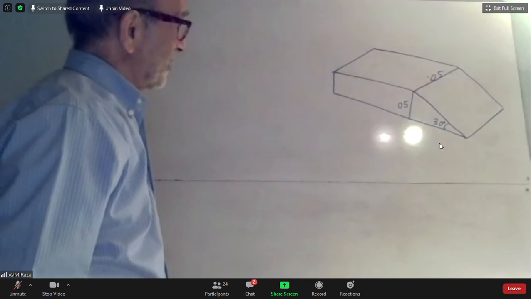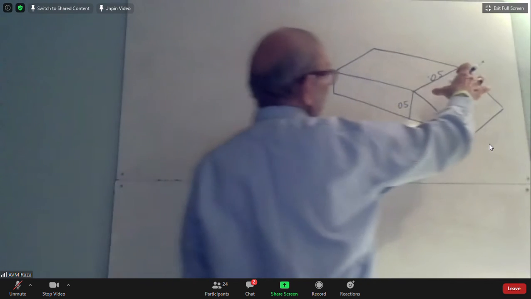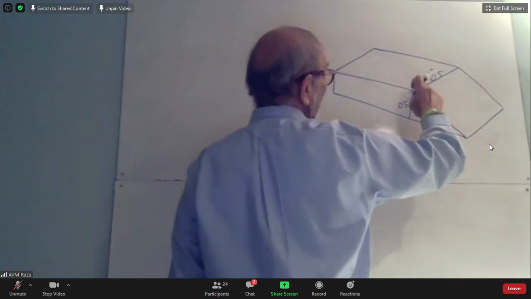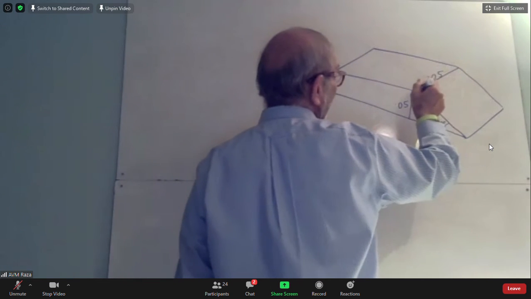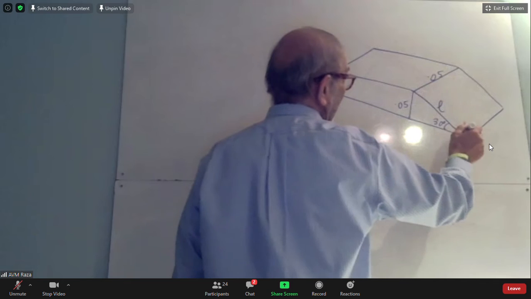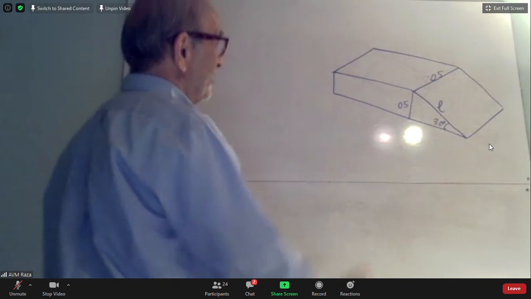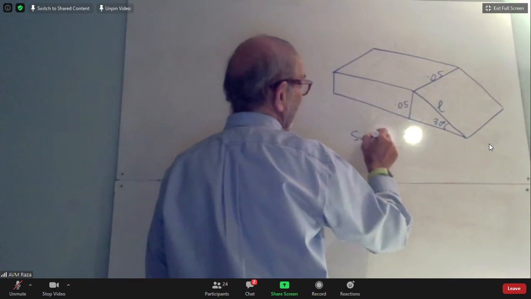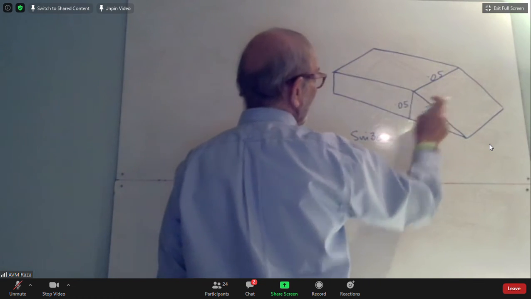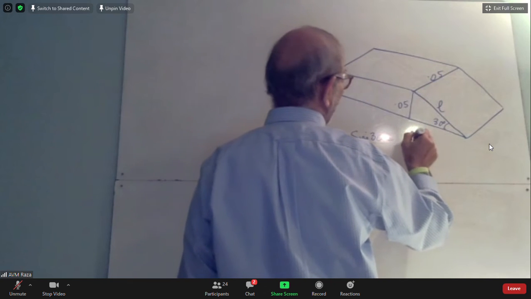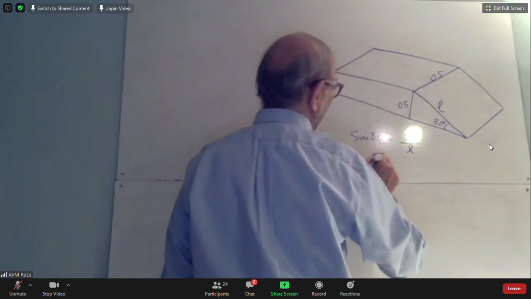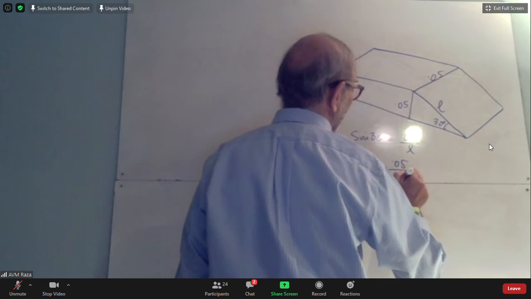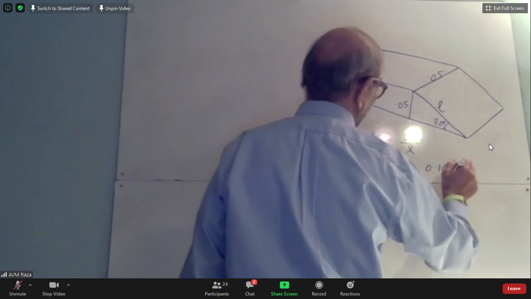But we want to find the stress on this area. So what will this area be? This area will be 0.05 multiplied by this length. And how do we find that length? Well, sine of 30 will be the opposite over hypotenuse. So 0.05 divided by L, or L will be equal to 0.05 over sine 30, which is 1 over 2, which is 0.10 meters.